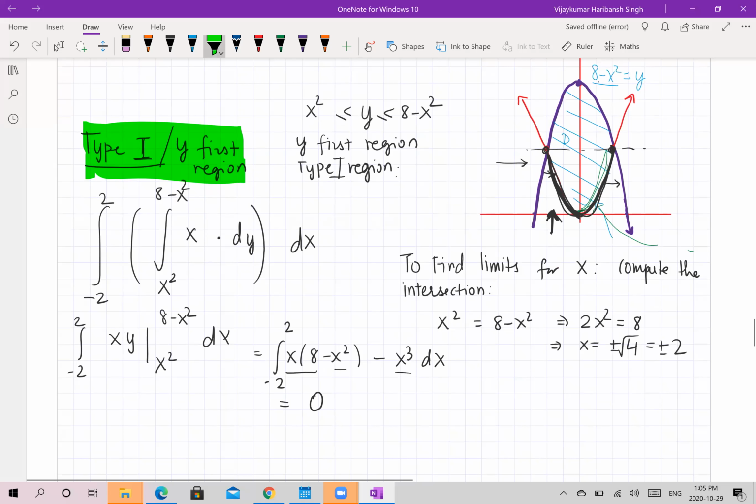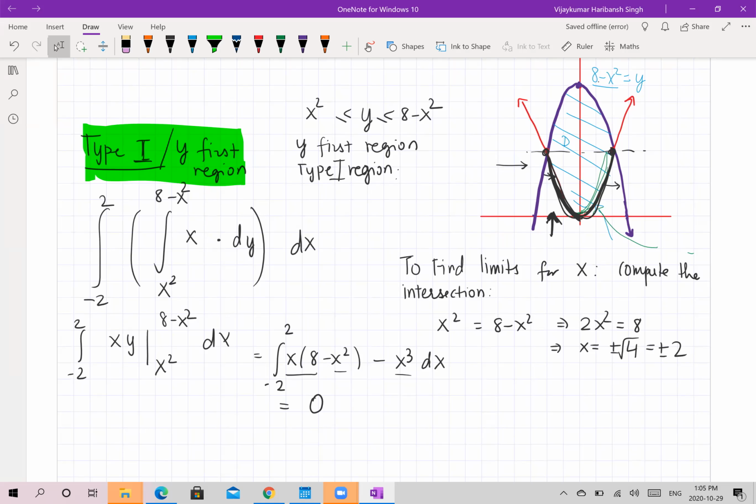Now we could also have done this problem using an x first region.